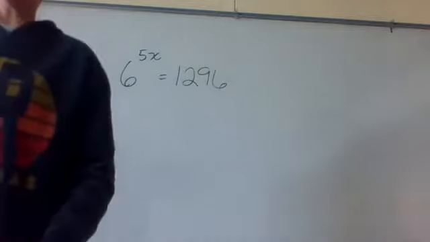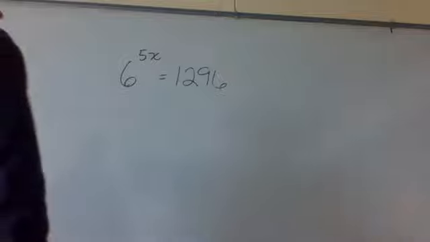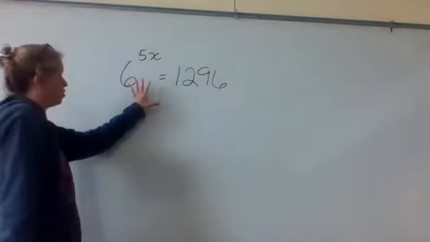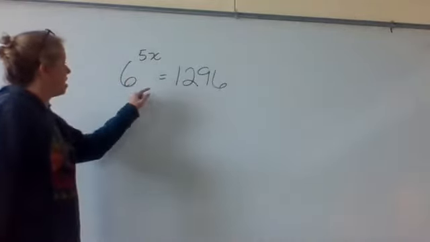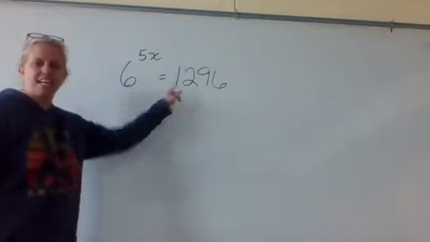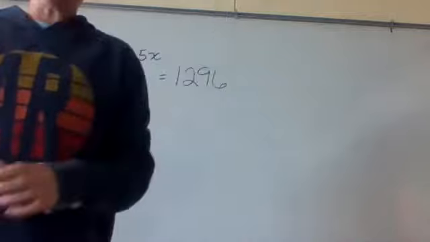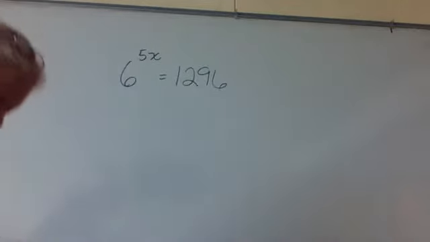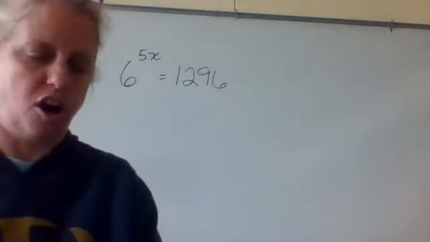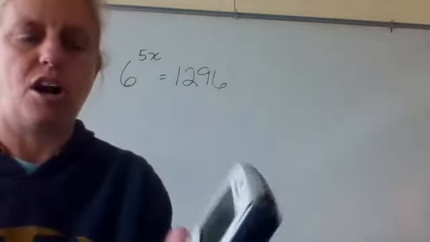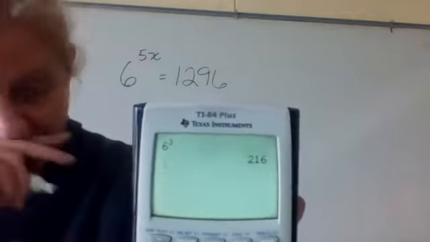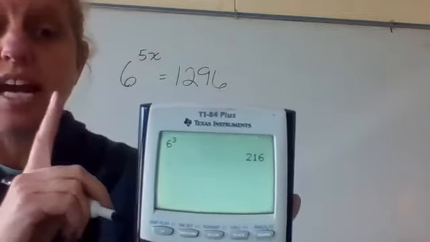The first thing you want to check, because it makes it the easier kind of exponential equation solving, is whether or not this side can be rewritten as 6 to a certain power. So just check that in your calculator. I always like to just start off by raising it to the third. So 6 to the third gives me 216, which means I need to go up.